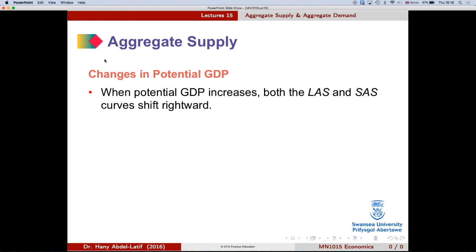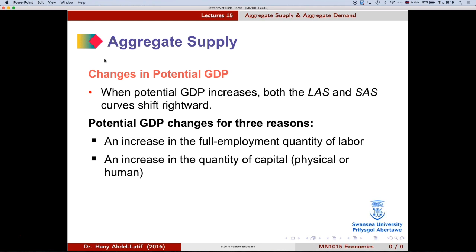So as we covered in the previous lecture last week, the potential GDP can change if one of these changes. If we change labor supply, which means an increase in the full employment quantity of labor, or if we have an increase in labor productivity, which means one of these two: an increase in the quantity of capital would increase labor productivity, or an advanced technology would increase labor productivity.